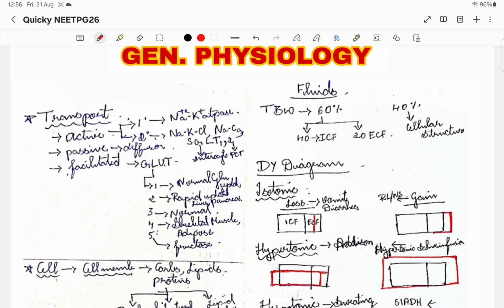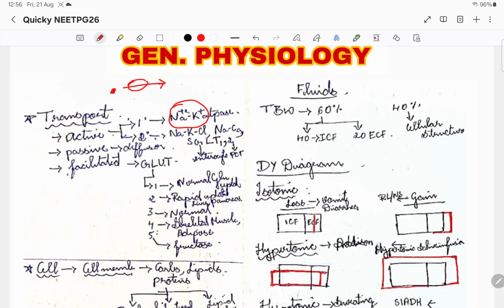Active transport is of two types: primary active transport and secondary active transport. Primary active transport is where the channel itself utilizes ATP. We know the famous example of the sodium potassium ATPase pump. So this is a pump. There is a material that has to be transported from outside to inside, or from inside to outside.